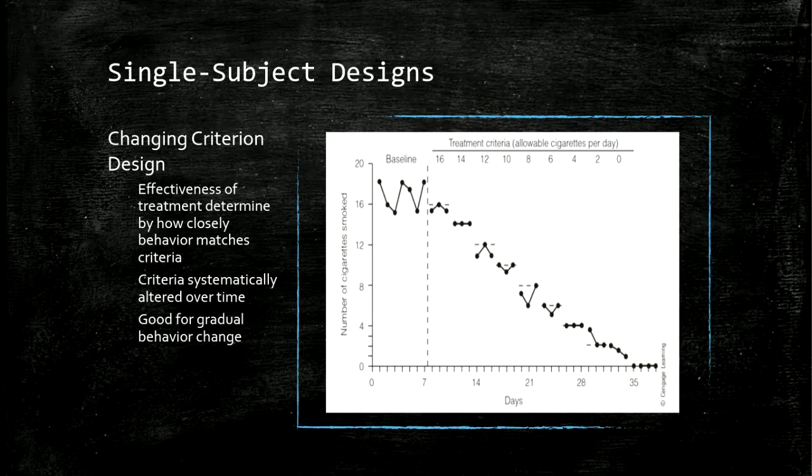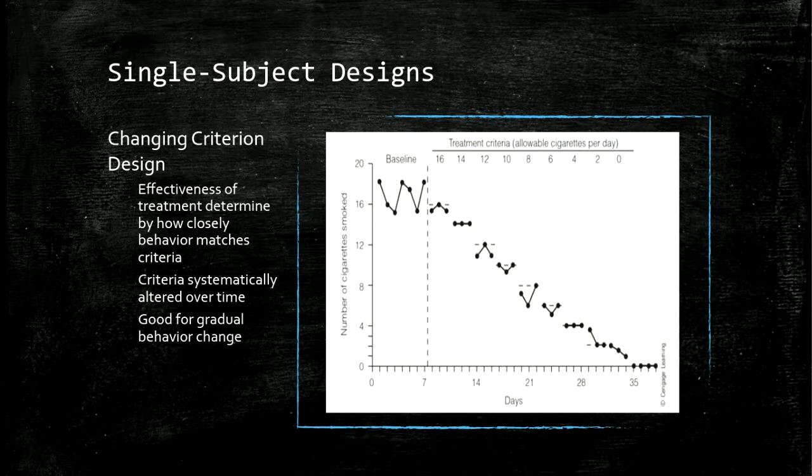Day 7, we start our intervention, and we establish then that the person can smoke at maximum 16 cigarettes a day. So we have our criteria across the top of our graph here. So once the intervention starts, we set a criteria of you must smoke 16 or fewer cigarettes a day for 3 days.